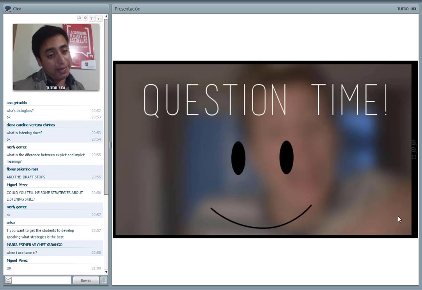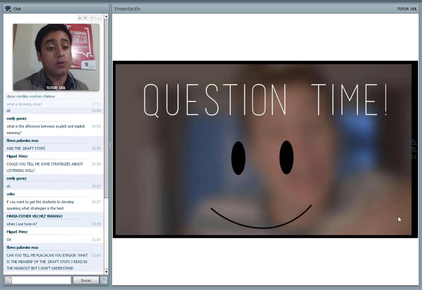So you can use role play, you can use debates, you can use discussions, you can even use information gap activities, okay? You can use maybe the problem-solving approach as well. So you can use many ideas, many kinds of strategies, but of course, it's according to the students' level and according to the objective of the lesson.